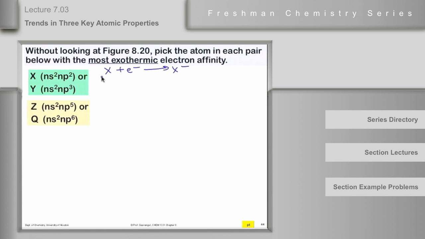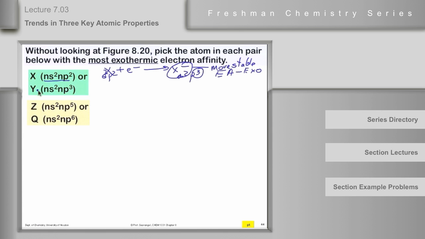And X is nS2nP2, S2P2. And X minus is S2P3. So X minus is more stable because of its electron configuration, P3 here, and therefore its electron affinity is exothermic.